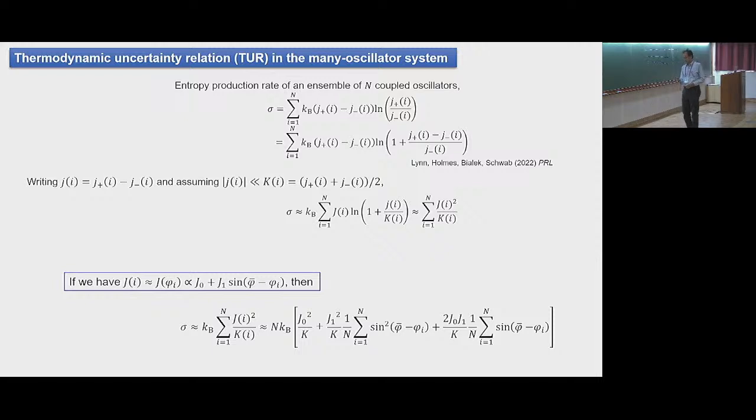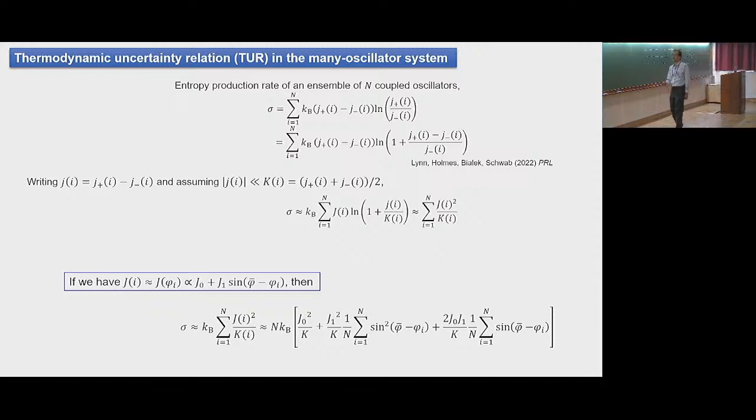And if the oscillation phase of the i-th oscillator is behind the average phi, then the current should become stronger. And if phi_i exceeds the average, then the current should become weaker.